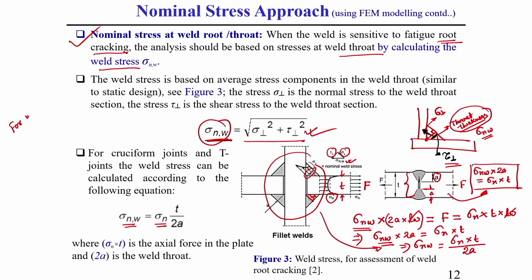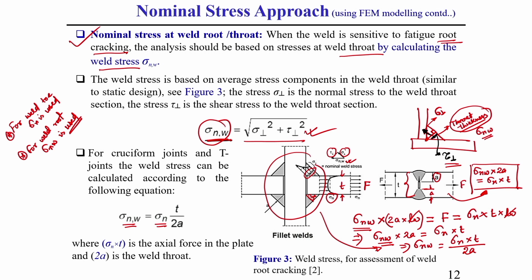This you should keep in mind. So, for weld toe sigma N is used, and for weld root sigma NW is used.